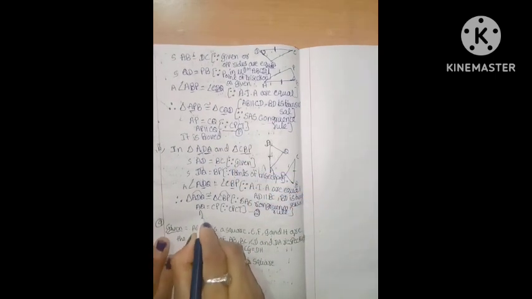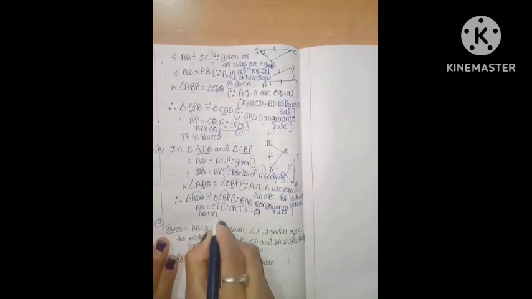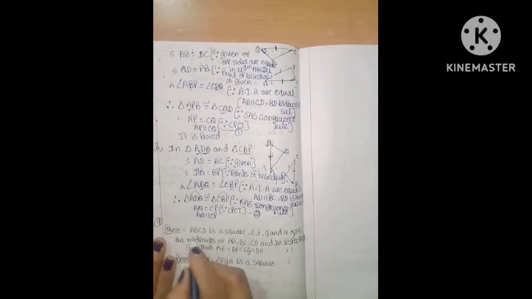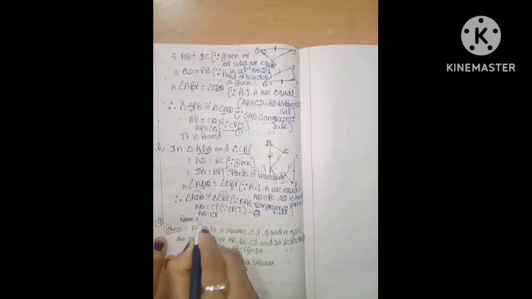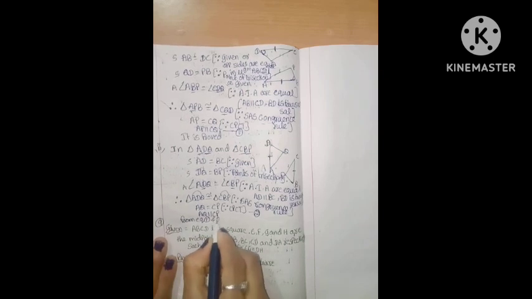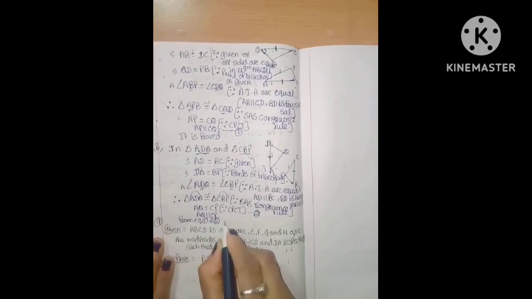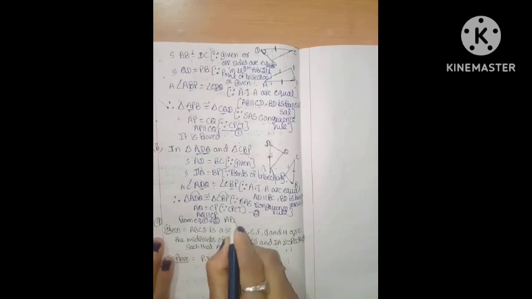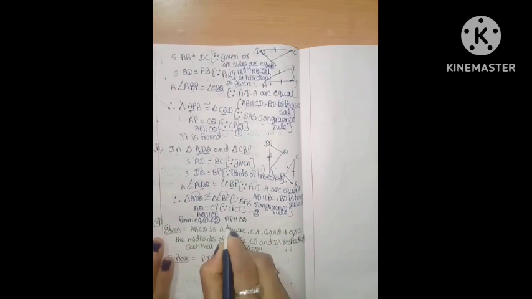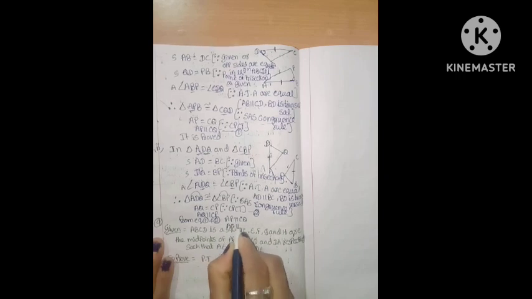So here AQ is parallel to CP. From equation number 1 and 2, AP is parallel to CQ and AQ is parallel to CP.